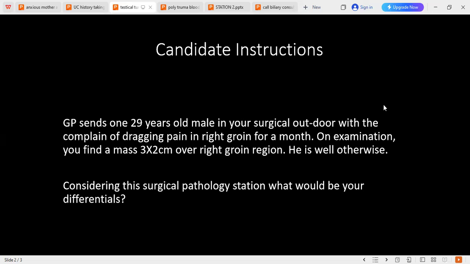How would you define teratoma? Teratoma is a testicular tumor composed of all three germ layers with varying degrees of differentiation.